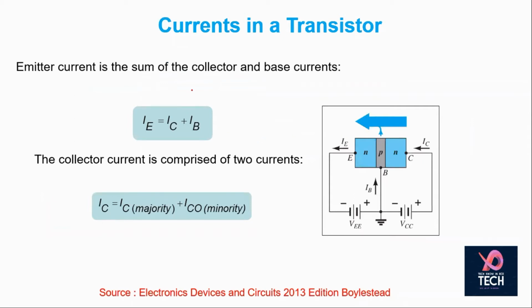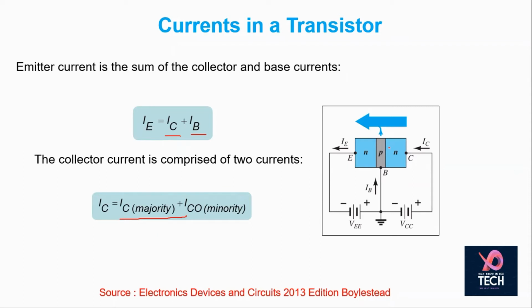Now coming towards your emitter current: emitter current is equal to collector current plus base current. And your collector current is because of majority carriers. Some of the electrons are transferring their momentum from this side to this side.